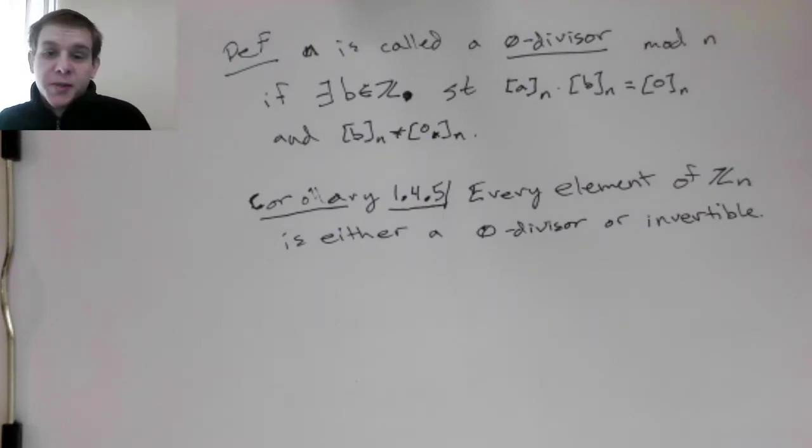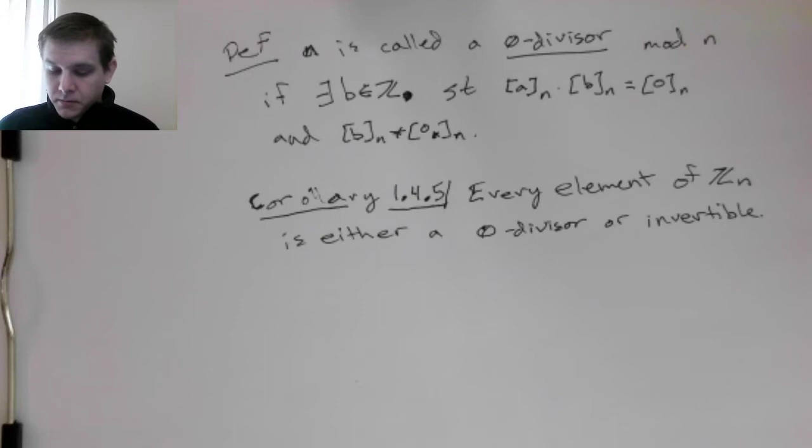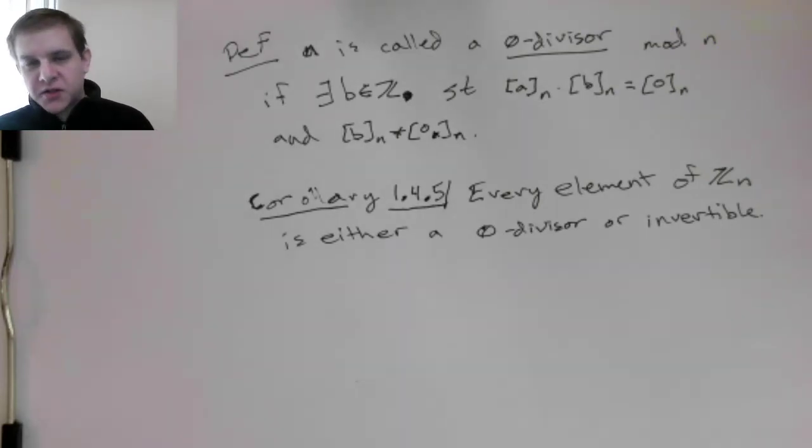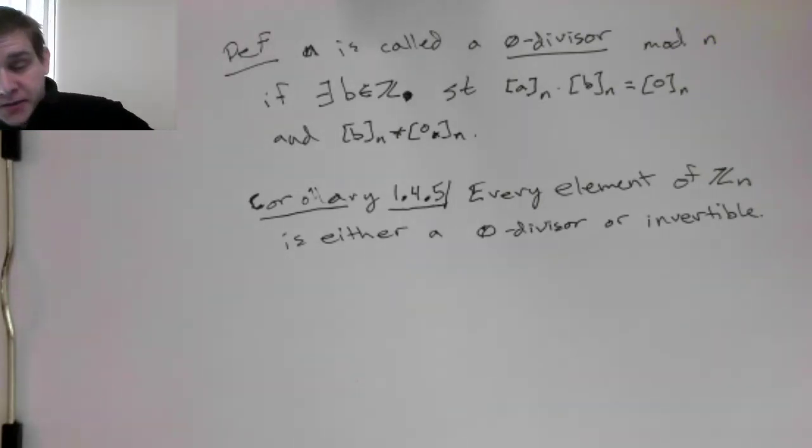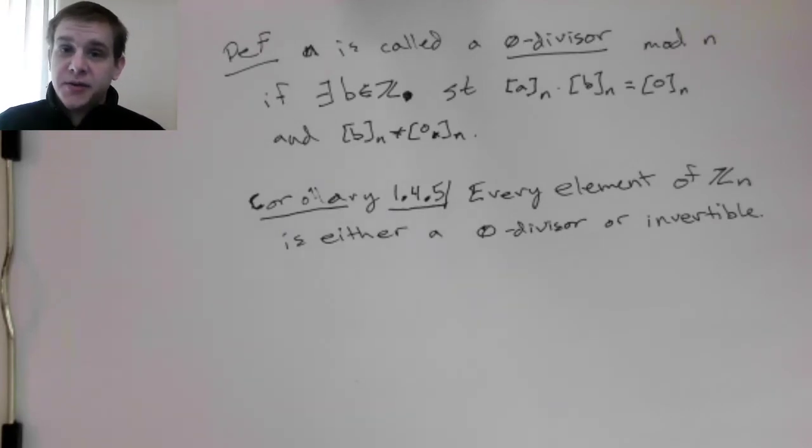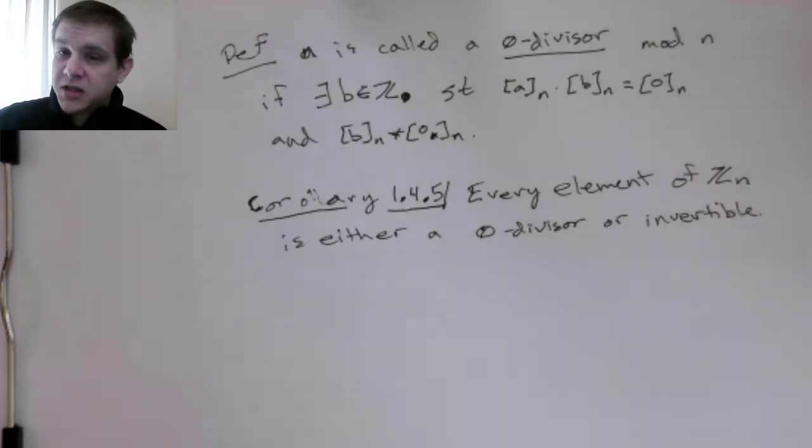Okay, so the non-invertible elements are zero divisors, and the zero divisors are never invertible. You can never get to 1 if you can get to 0, and you can never get to 0 if you can get to 1. So yeah, this is a corollary of theorem 1.4.3, which says that an element is invertible if and only if the GCD with n, where n is my modulus, is equal to 1.